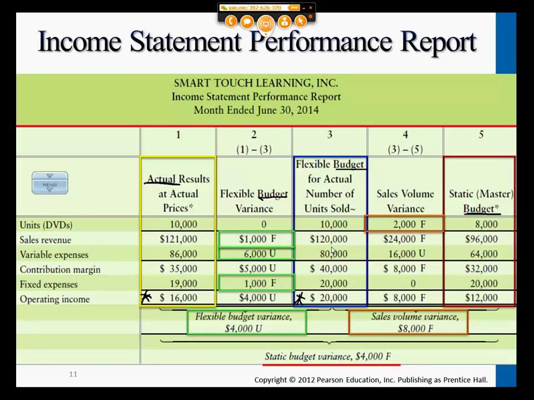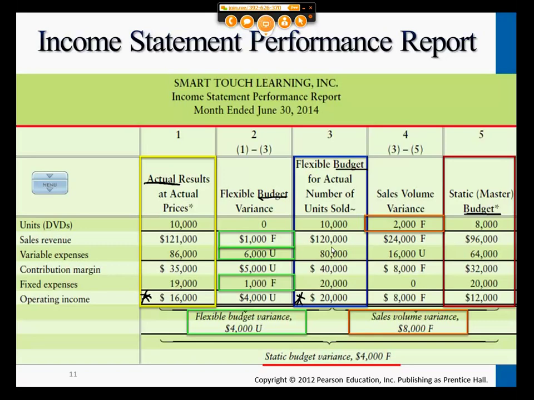Okay, so listen. The next steps, you want to see the flexible budget variance and the sales volume variance, right? For that operating income. That's a very big indicator how you're doing with your budgets, right? And against them, with the actual numbers. So my flexible budget variance is the difference between 16,000 and 20,000.